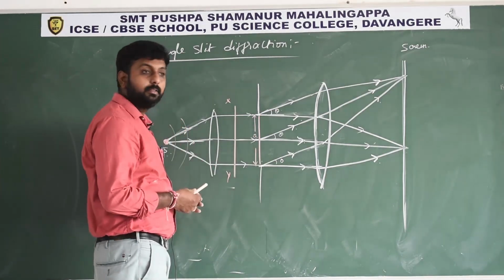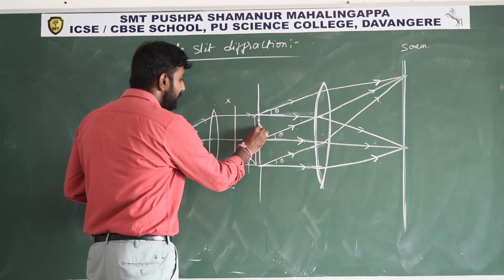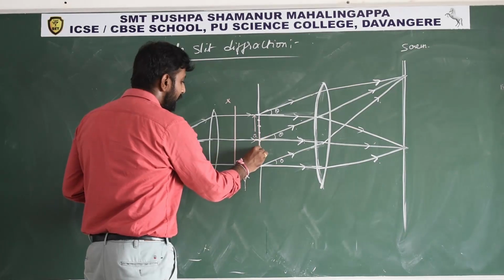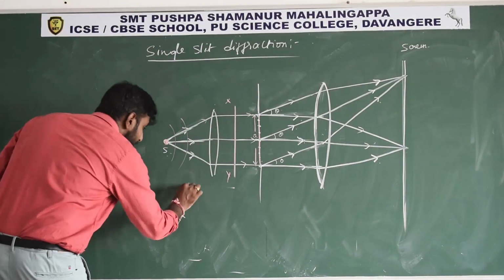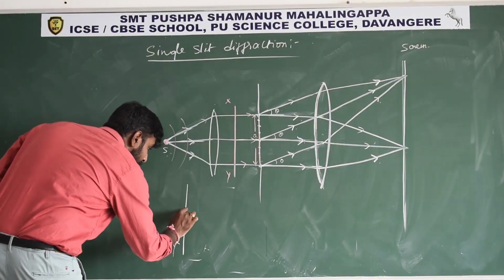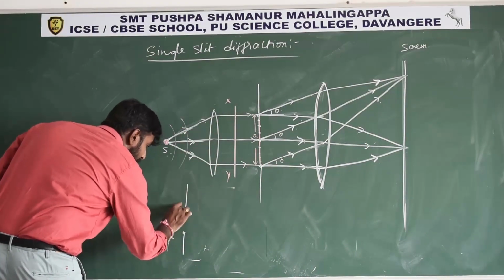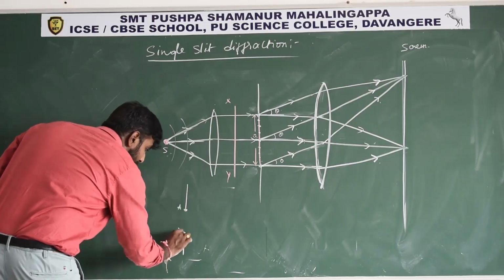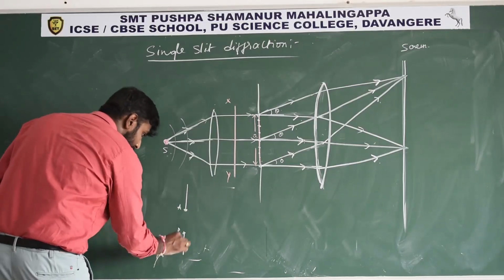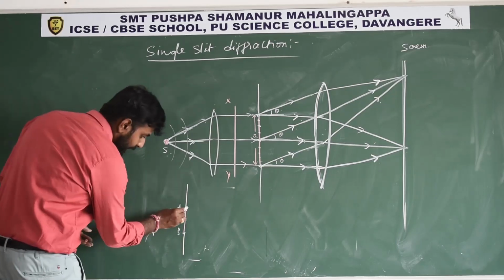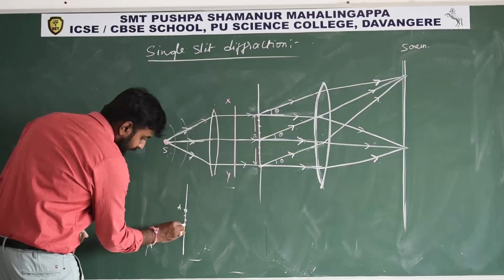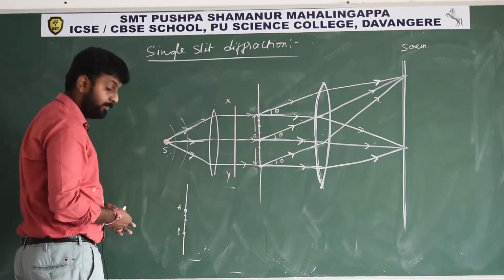According to Huygens principle, you can consider every point on the wavefront as a fresh source or secondary source. So let us consider the slit here. Let us take A point and B point. That means between this slit there is a wavefront, and every point on the wavefront is a new source.